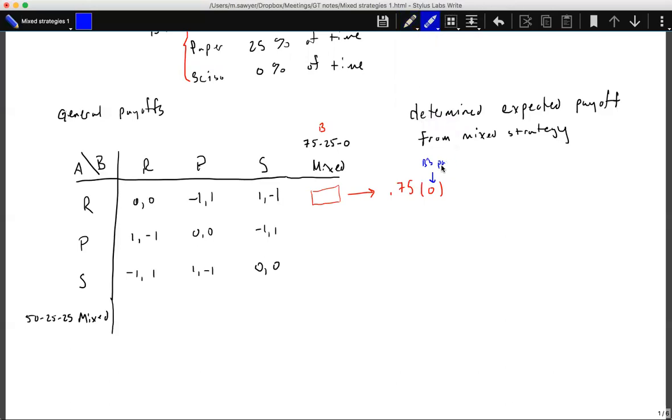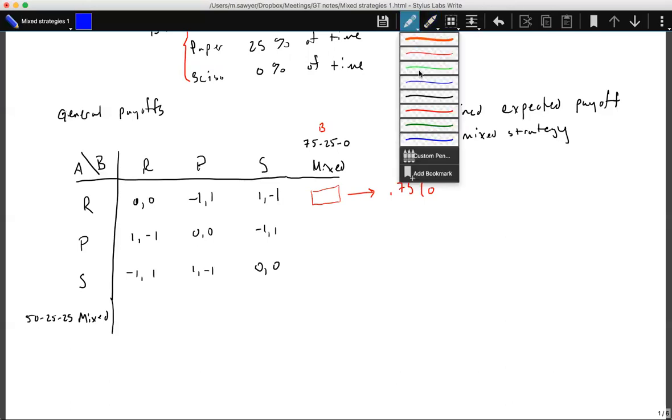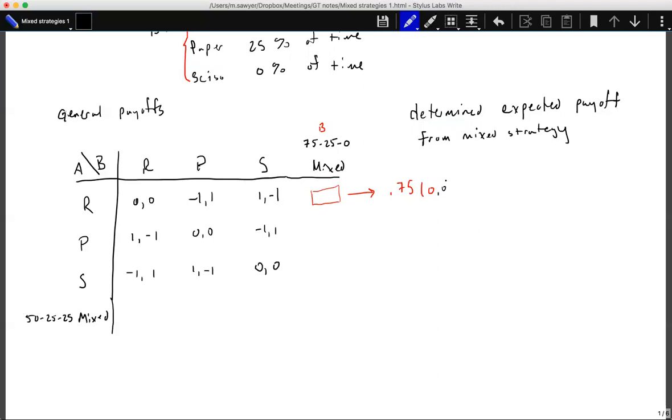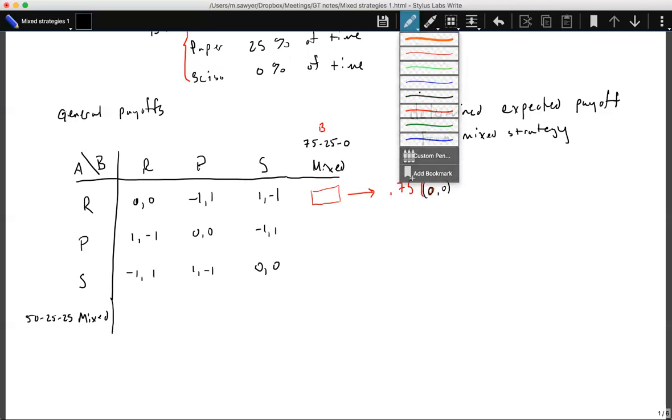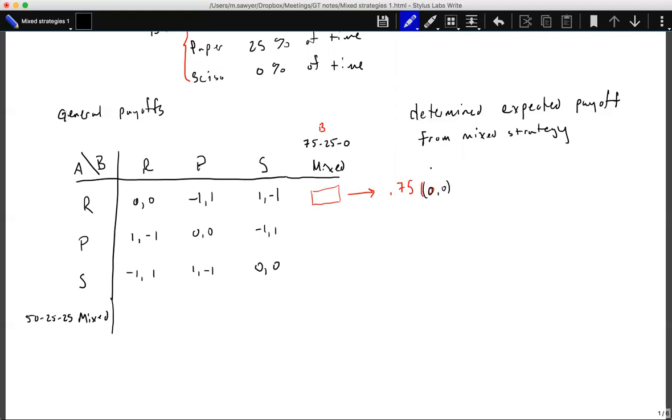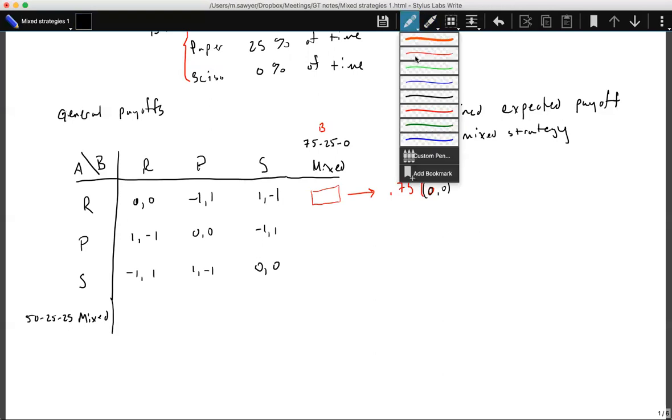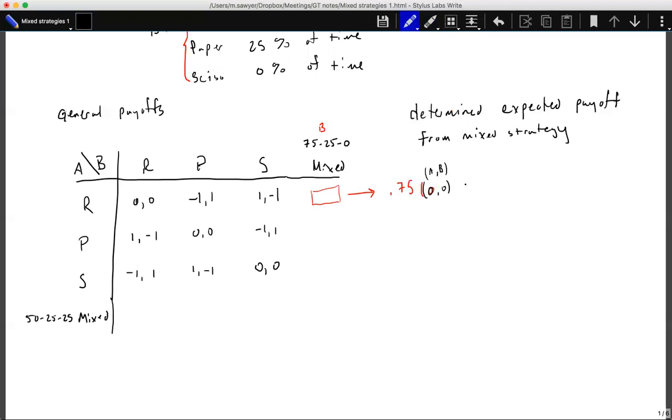Or rather, we can be more precise. We can say 75% of the time, the payoff will be 0, 0, where this is the payoff for A and payoff for player B. And then if player B plays paper 25% of the time, we have the payoff -1, 1.